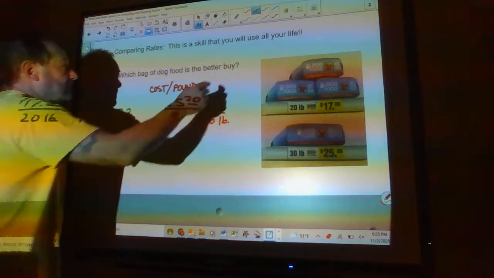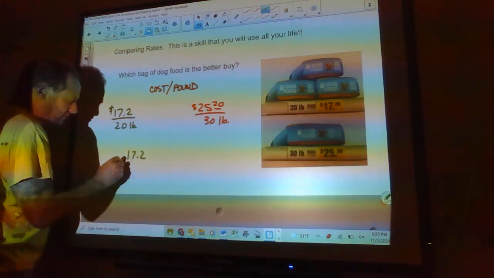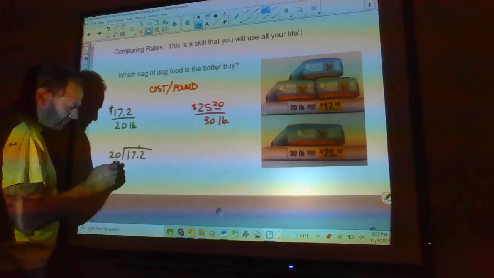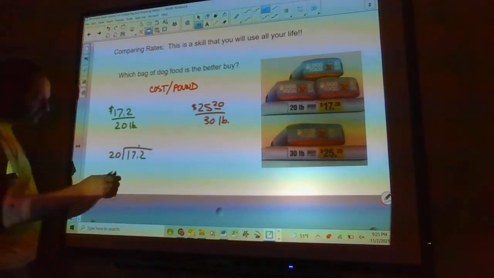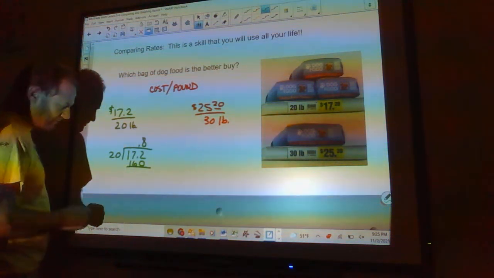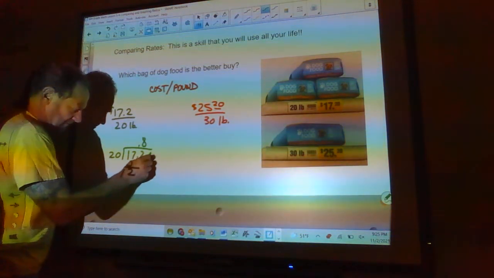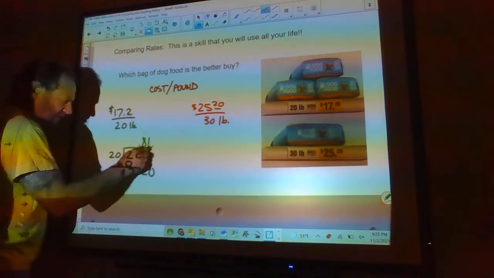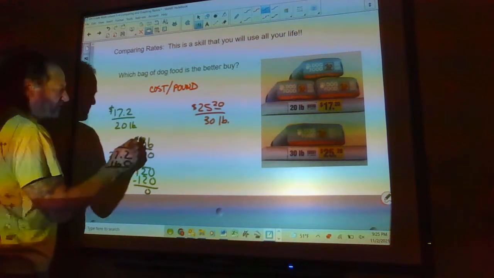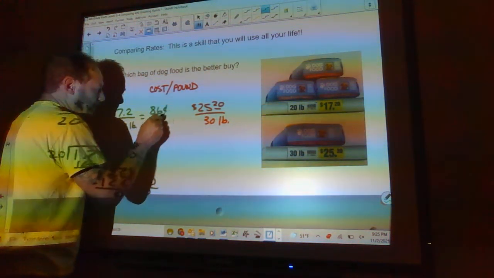We're going to take 17.2 divided by 20. That will go into 17, so we'll put our decimal point right there. This would be 8, that'd be 160, and then I subtract, and I get 12, and I drop down a 0, and that'll go in there 6 times, that's 120, and that's 0. So that terminated rather quickly. This is basically 86 cents per pound.